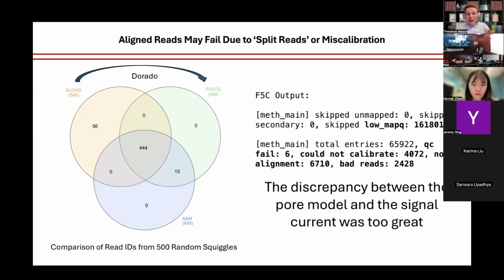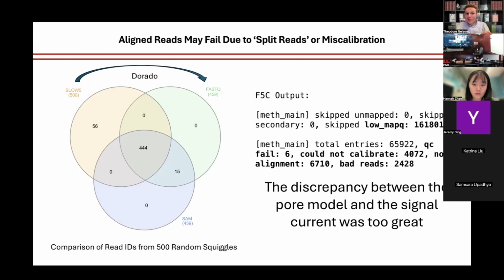But what can sometimes happen, and it's rare, is that you get an adapter, poly A, an RNA molecule, and then another adapter that hooks onto the front of the RNA, poly A, RNA molecule. So it looks for the specific RNA adapter sequence and is able to split reads based on the presence of multiple RNA adapter sequences within what it recorded as the same signal.